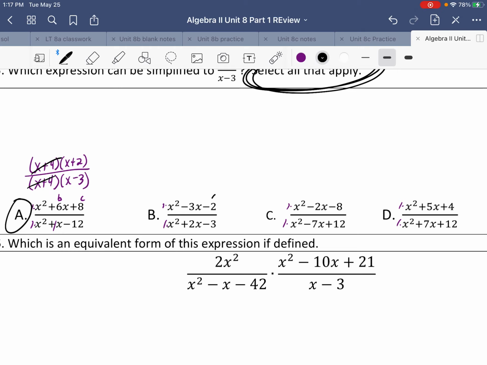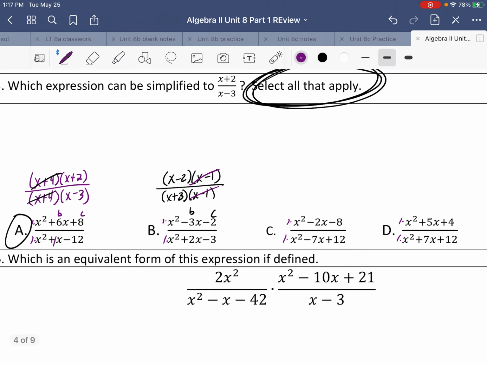Next, we have C is negative 2, the B is negative 3, so we do what two numbers multiply to C that add up to B, so it's negative 2 and negative 1. And the denominator, what two numbers multiply to negative 3 that add up to positive 2, that's x plus 3, x minus 1, simplify, x minus 2, x plus 3.